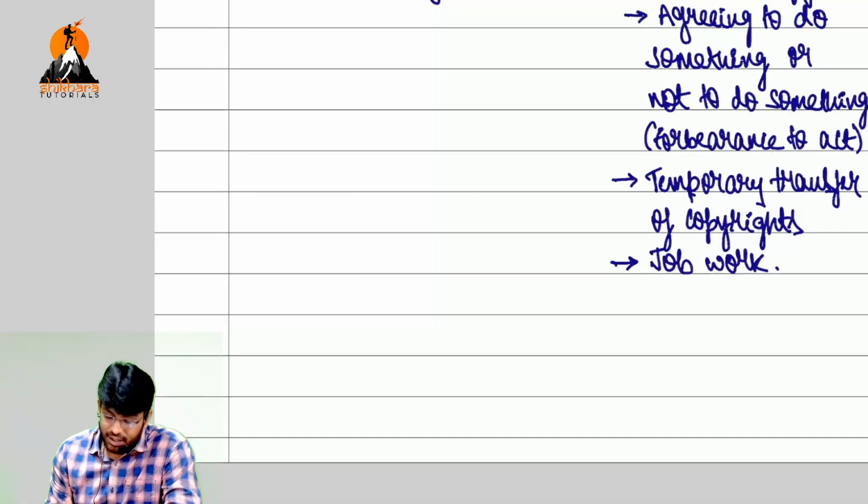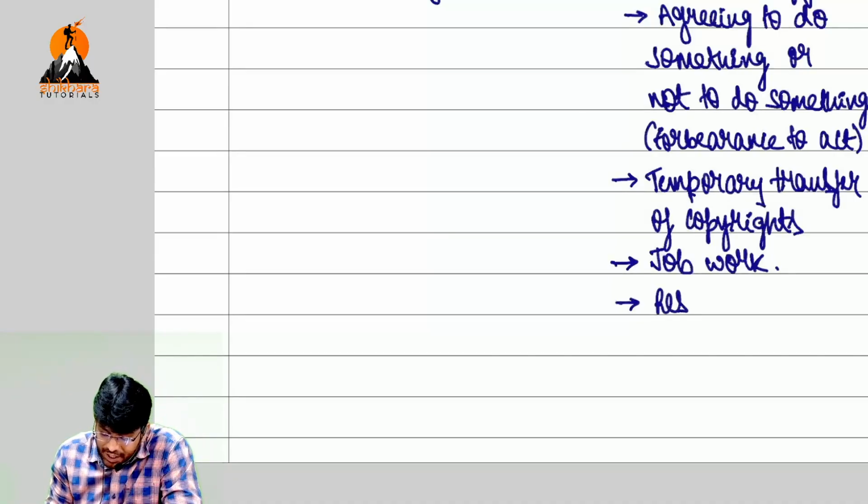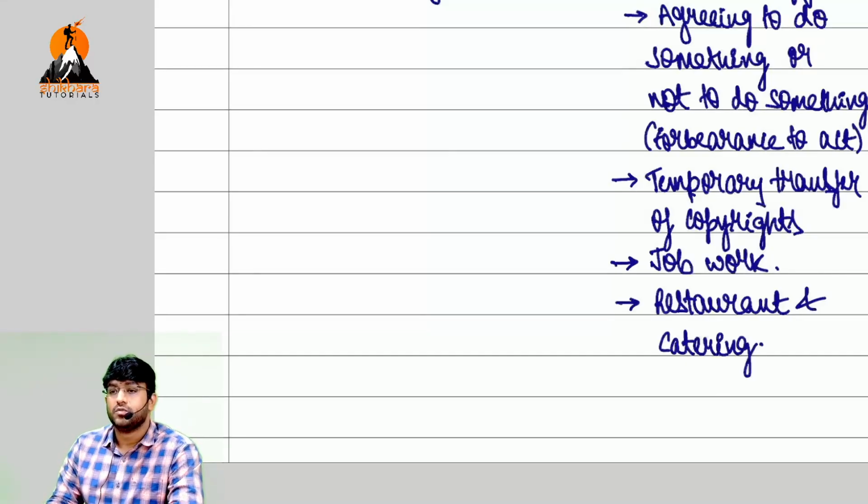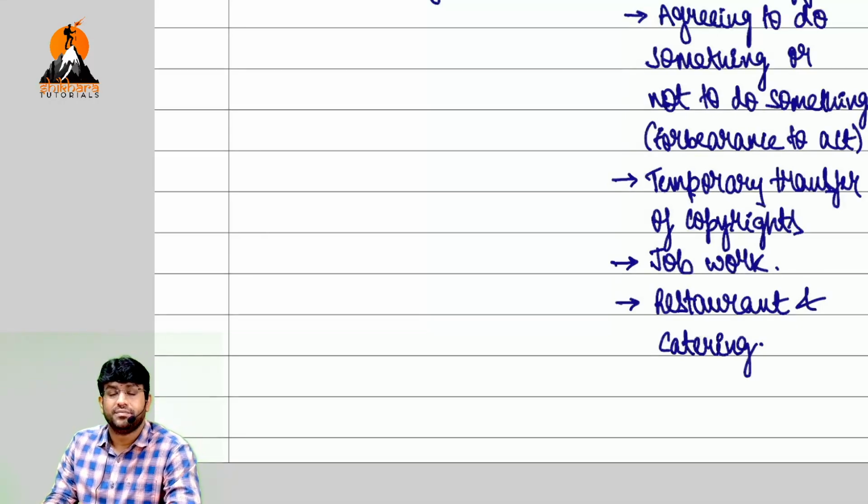Are we clear? Next one. Restaurant activity. They have clarified that restaurant and catering is deemed to be service. Food and beverages, exactly. Today asking, sir, what if it is Swiggy, Zomato, parcel?